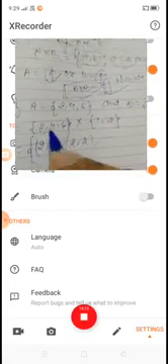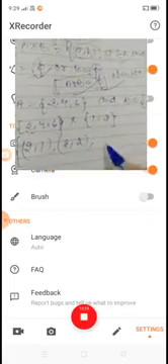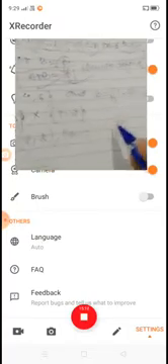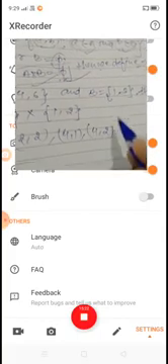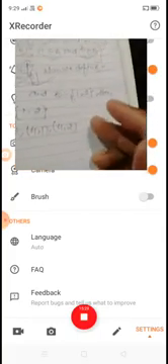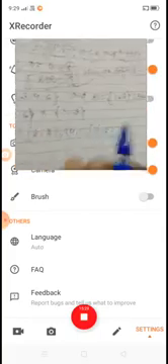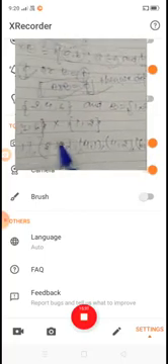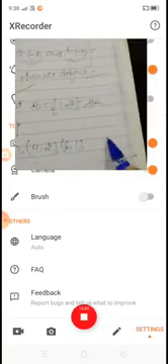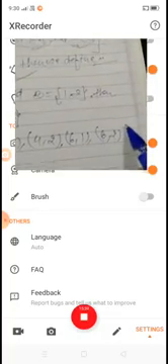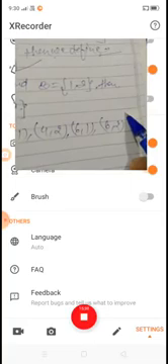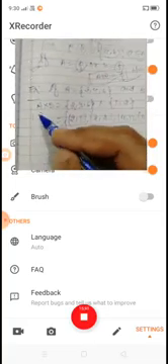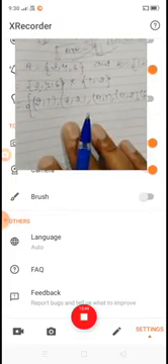Now we have (4, 1), (4, 2), and then (6, 1) and (6, 2). This is the Cartesian product of two sets.